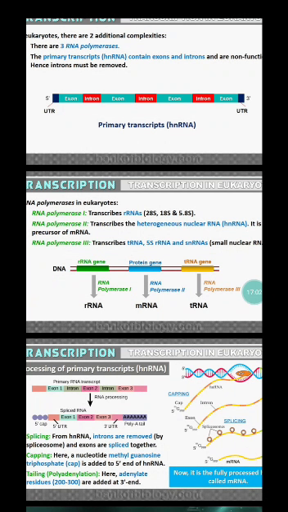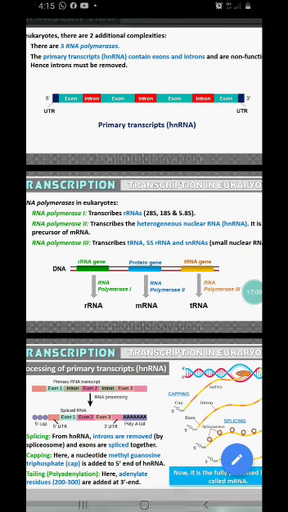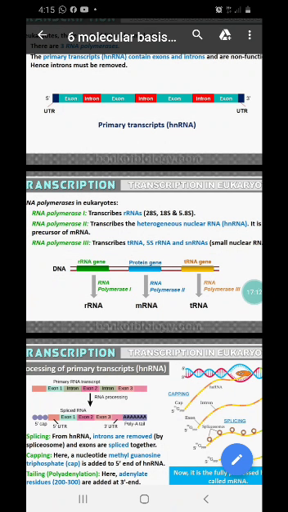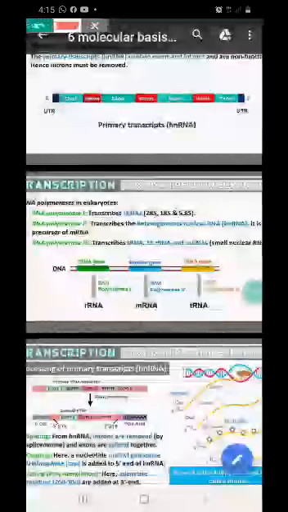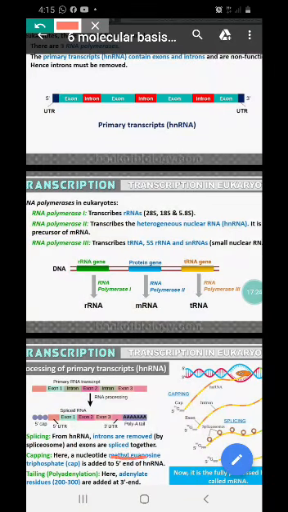The second thing is capping. Capping is at the cap end or head, the 5' end of the hnRNA, right? And here an unusual nucleotide called methyl guanosine triphosphate is added. What is that, children? Methyl guanosine triphosphate. Guanosine triphosphate, so it is a nucleoside, right? It is added at the 5' end of hnRNA.